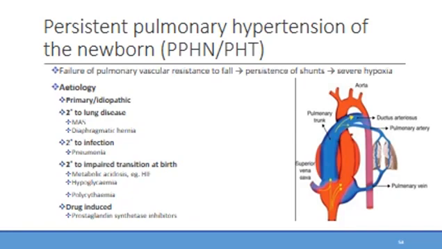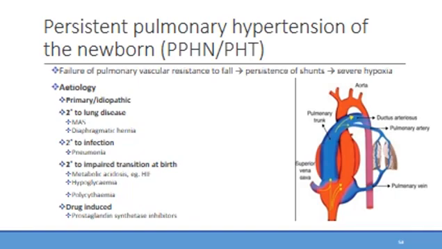It may also be secondary to infections such as pneumonia, and specifically group B strep is known to lead to a shock lung with pulmonary hypertension. It may be secondary to impaired transition at birth, which we commonly see in babies with hypoxic ischemic encephalopathy who suffer from metabolic acidosis.